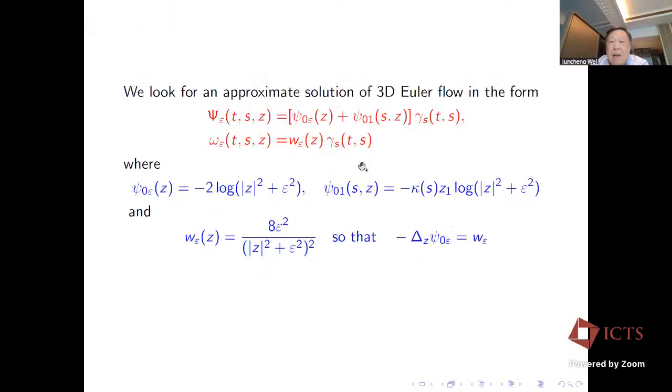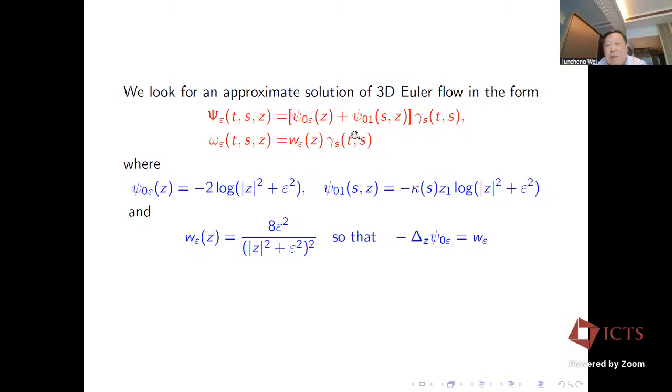Just like in the 2D case, we look for an approximate solution for the 3D Euler flow, with concentration along the curve, and we still want to use this Wei function as the concentration.